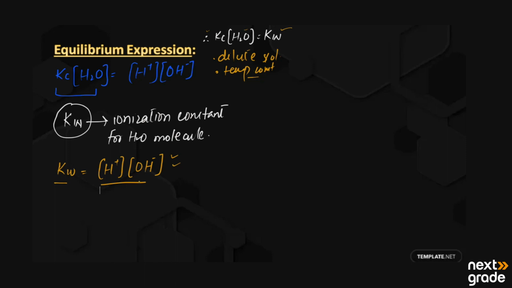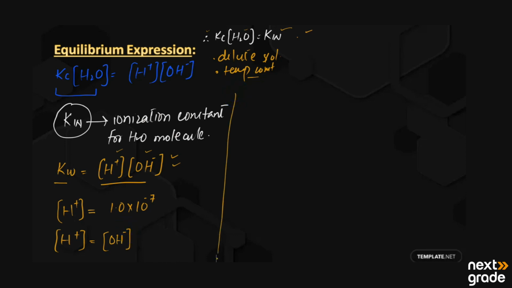Next, we have seen in many conductivity experiments that the product of the concentrations of H+ and OH- ions is always equal to 10^-14. And how is it equal to 10^-14? Because the concentration of H+ ions is 1.0 × 10^-7, and when a water molecule dissociates it produces an equal amount of H+ and OH- ions.